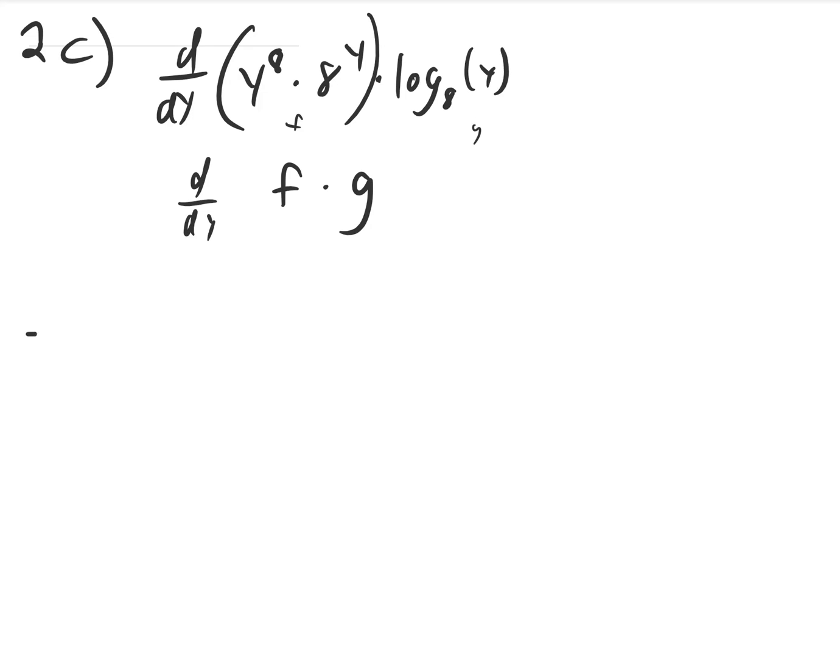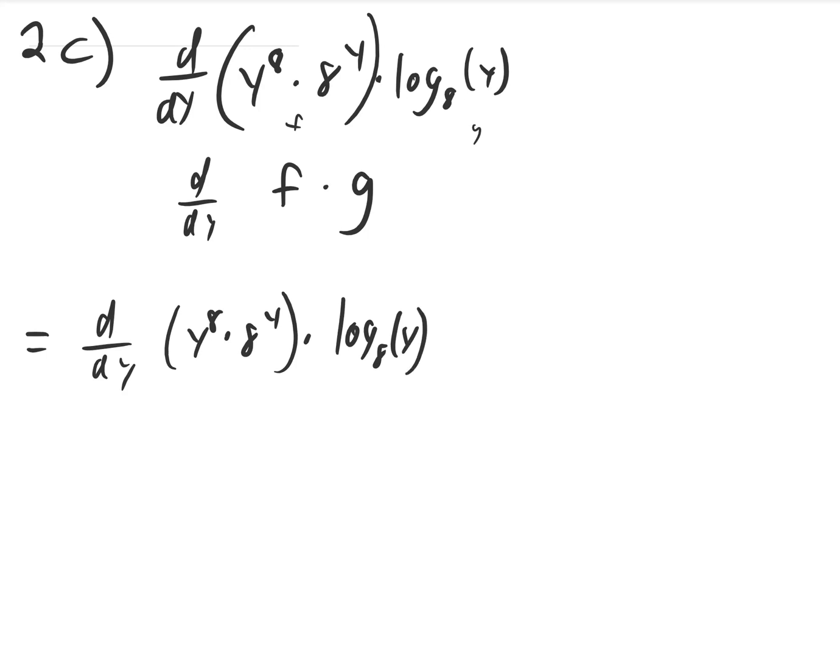So then the product rule tells us that the derivative of this function will be the derivative with respect to y of the first function times the second function plus the first function times the derivative with respect to y of the second function.